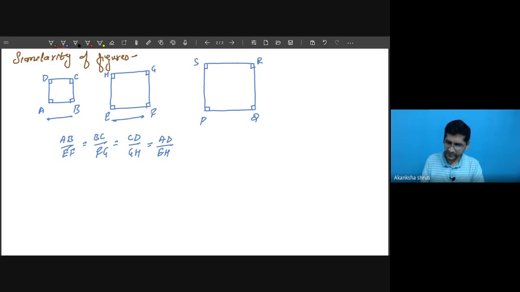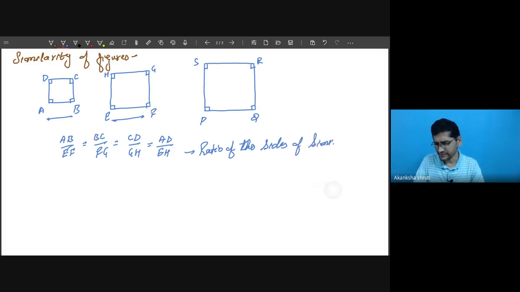In the numerator, we have placed the side length of the smaller figure. So always keep in mind, the order means numerator of the same figure and denominator of the other figure. Writing this way, it is called the ratio of their sides, the ratio of the sides of similar figures.